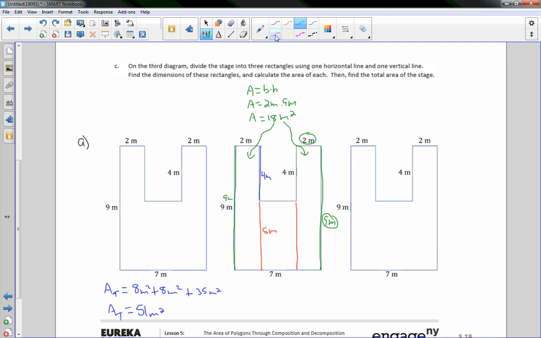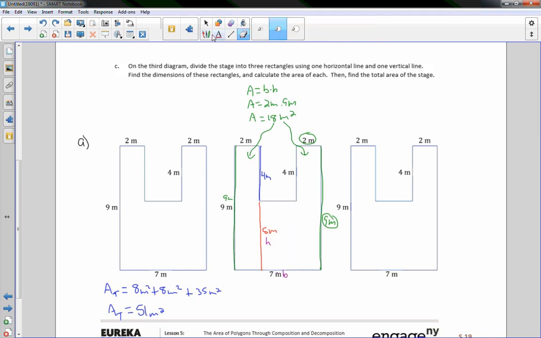Now all I need to do is calculate the area of this rectangle here, and by figuring out that 9 minus 4 is this piece, that's 5, I now have a rectangle here that has a base of 7. This is my base, and a height of 5. So area equals, let me just move this out of the way.